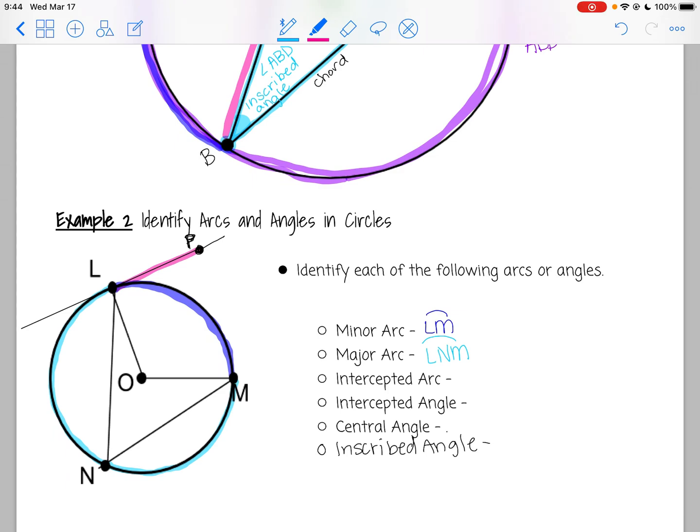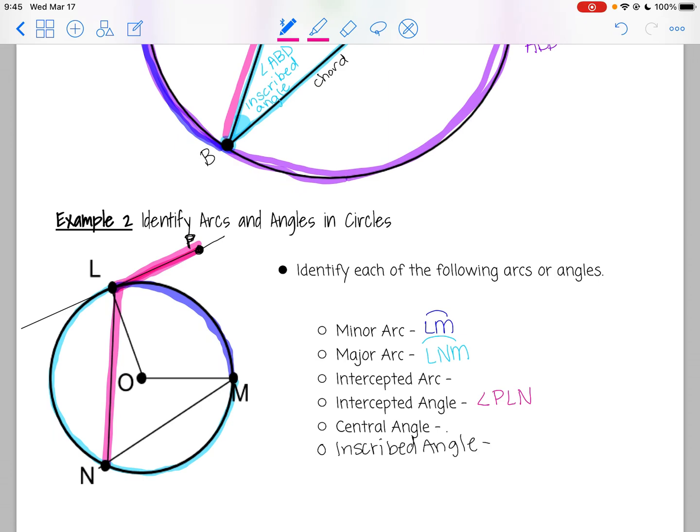The angle is going to go from P to L and then down the chord, and the chord goes from L to N. So based on where I put this point, my intercepted angle is going to be angle PLN. P to L is on the tangent line and L to N is a chord.